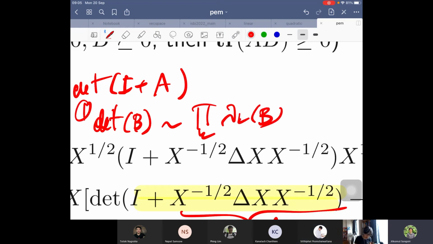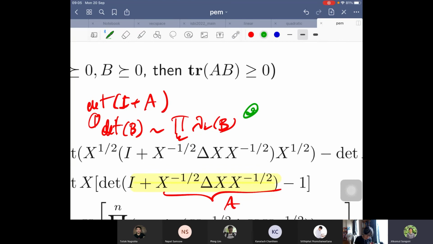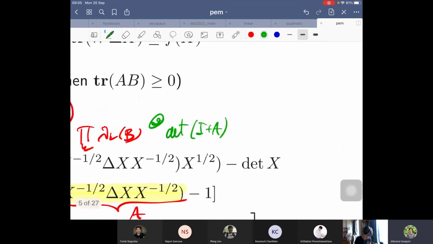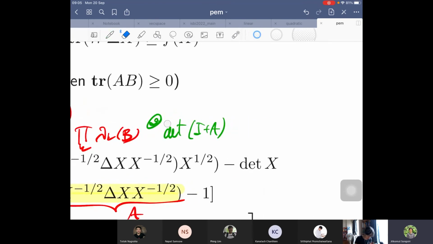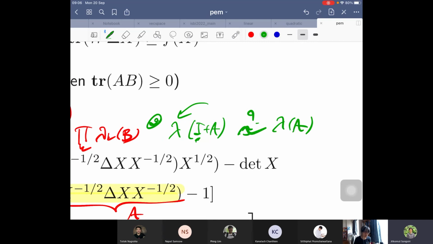Okay, that's one thing. Give me another property. What do you know about det(I + A)? Is there a relationship? If you explore the eigenvalues of A plus I, like you perturb A by the identity matrix, what would you know about the eigenvalues? Is it related to the eigenvalues of A? If it does, how?